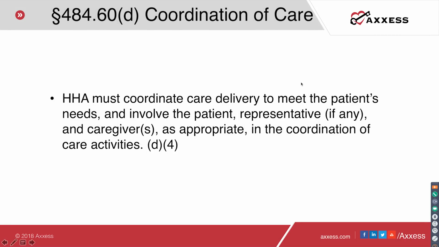We see that the agency must coordinate care delivery to meet the patient's needs and involve the patient, the representative, the caregiver as appropriate in the coordination of care activities. So as changes are happening in this patient's care plan and in their status, not only are we required to make sure the physicians understand and are informed, but also the patient and the patient's representative or caregivers.